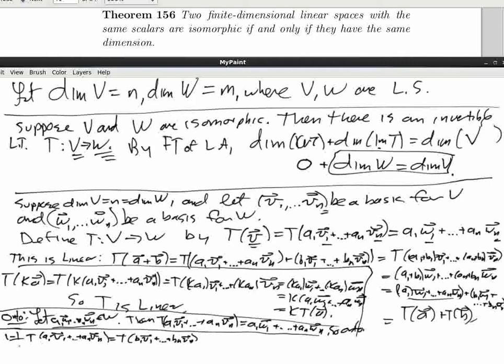Well, I'm just going to slide everything over to one side, so that the difference equals 0. But 0 is equal to T of 0. So I can combine these two together by doing T of the first thing minus this whole thing.